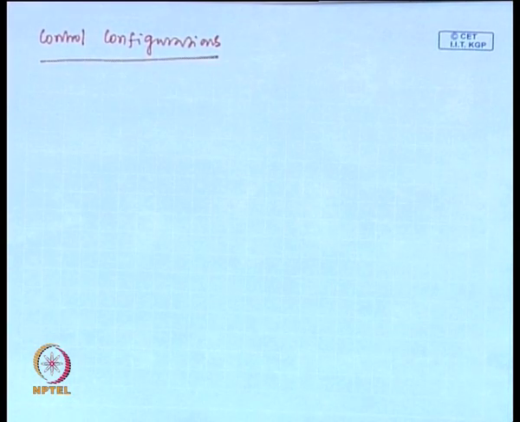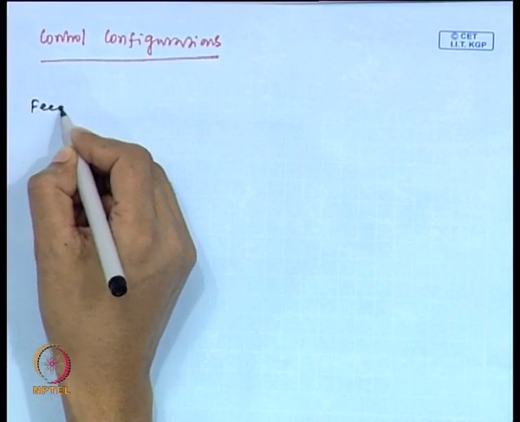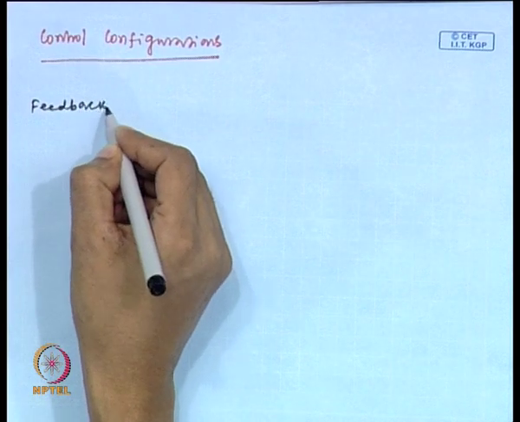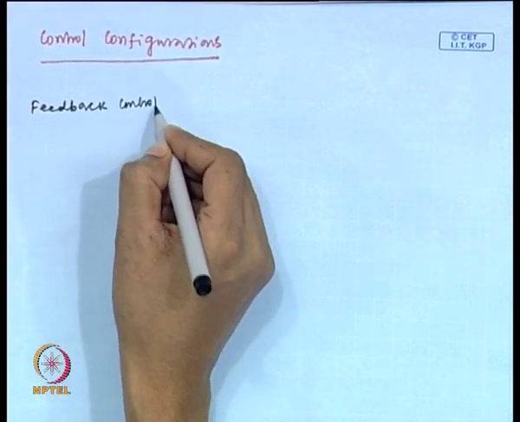We will consider the distillation example, which is quite complex compared to the liquid tank and heating tank system. Now, first we will consider one control scheme, that is the feedback control scheme.